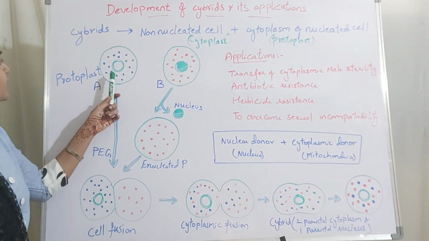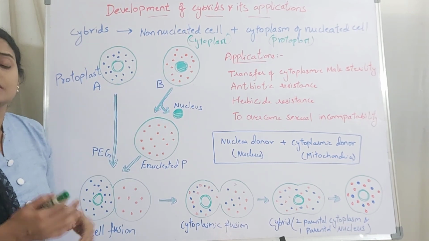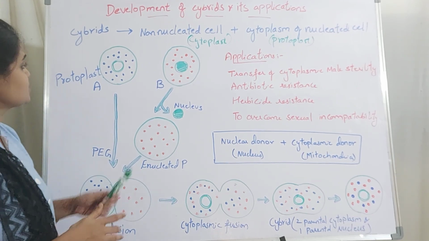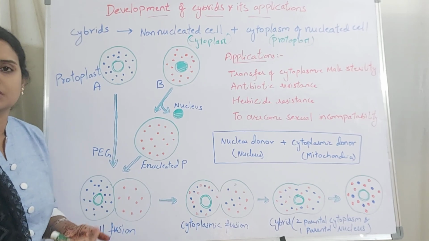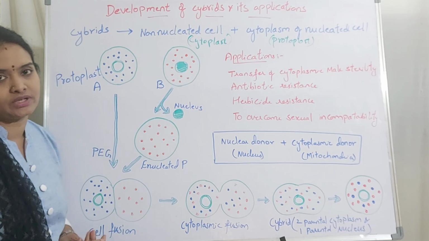If you fuse both protoplasts of two different plant species, you produce a hybrid protoplast, and when it is cultured in plant tissue culture, you produce a hybrid plant variety, right?